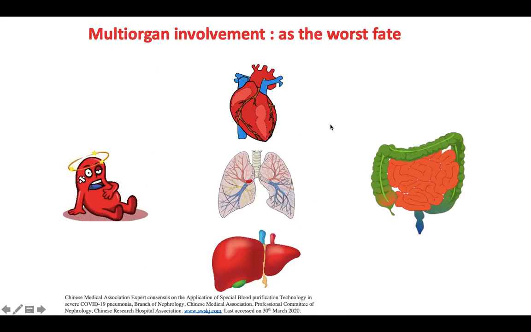Overall, it can manifest with cardiac involvement in terms of myocarditis. If you remember, near about 12 to 13% of patients can manifest with arrhythmia and palpitation. Gut manifestation I already explained. The liver can manifest in terms of transaminitis, and finally, kidneys are also one of the fates of this COVID-19 viral infection.